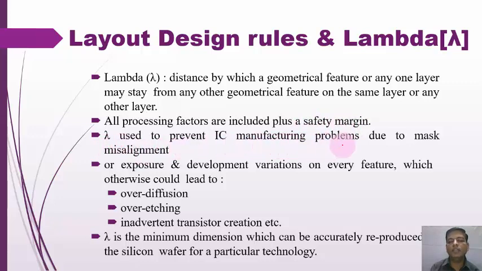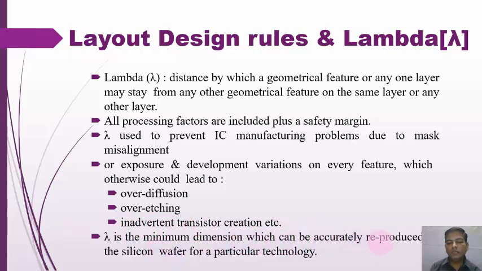Lambda is used to prevent IC manufacturing problems due to mask misalignment, or exposure and development variations on every feature, which otherwise could lead to over diffusion, overreaching, and inadvertent transistor creation.